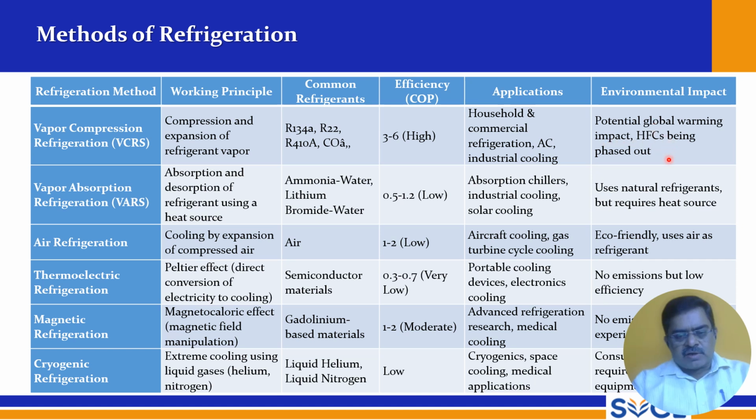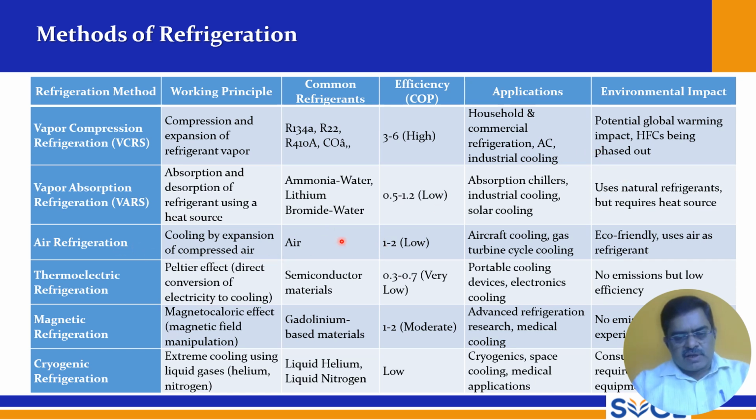Here HFCs are being phased out. And if you see here, the absorption chillers, industrial cooling, solar cooling, it uses natural refrigerants but requires a heat source. That is the drawback in the vapor absorption system.